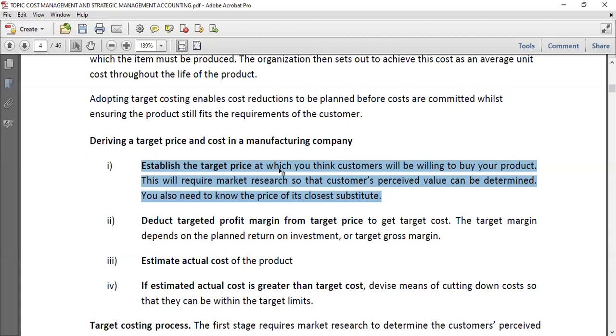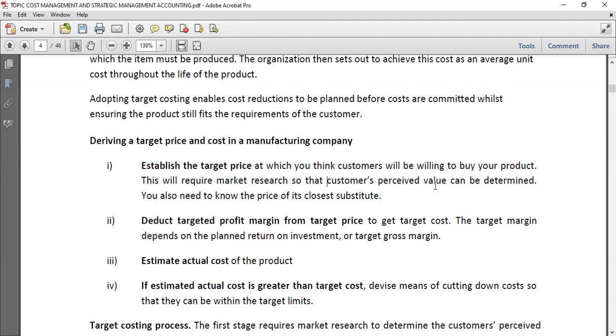Now, you find two cases. There are cases where you're introducing a product that already exists, where you already have maybe substitutes to your product. But there are also cases where you're getting into the market and this is your first time to produce this product, and this product has never been in the market before. So establishing the target price also looks at the aspect of customer perceived value.